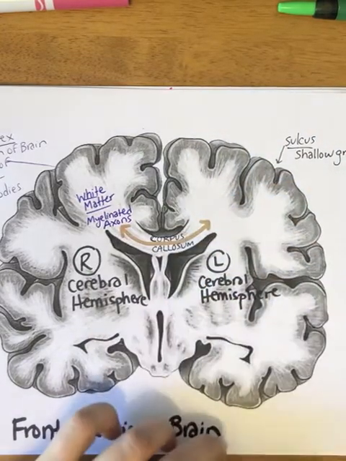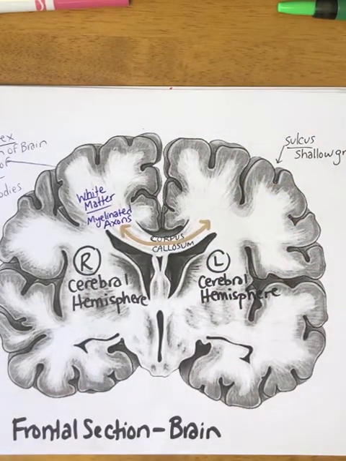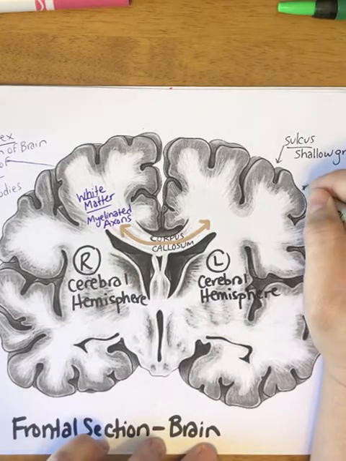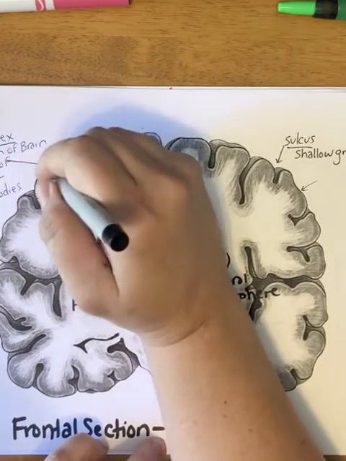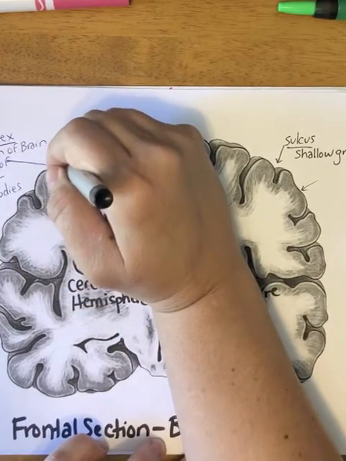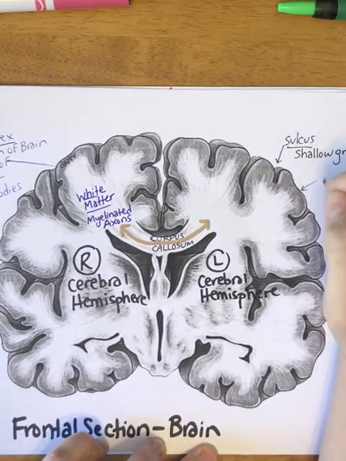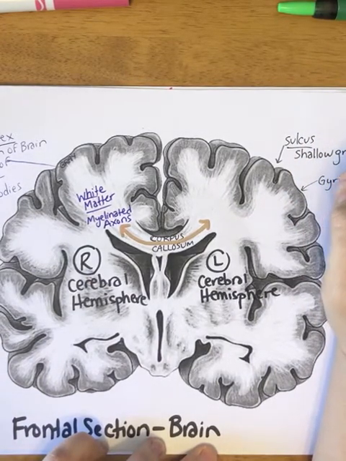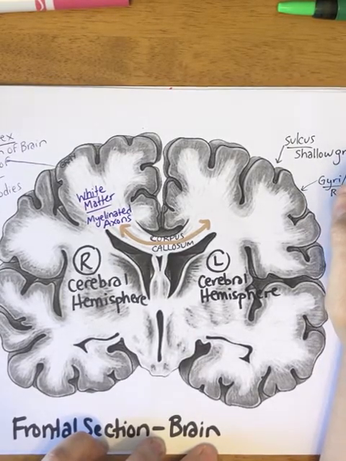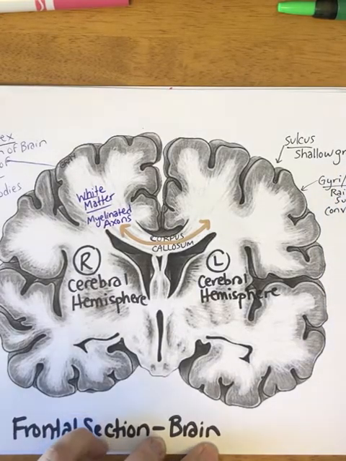A gyrus is a raised surface convolution. The cerebral cortex is just the gray matter that's here. This raised section is called a gyrus, or gyri in the plural. Raised surface convolutions just means it's coiled or worm-like.